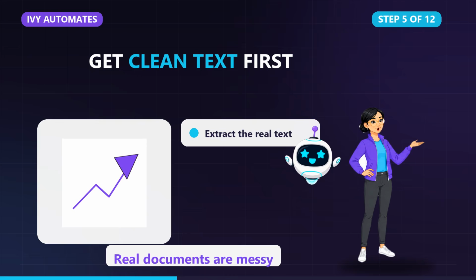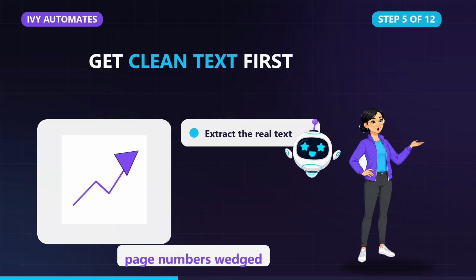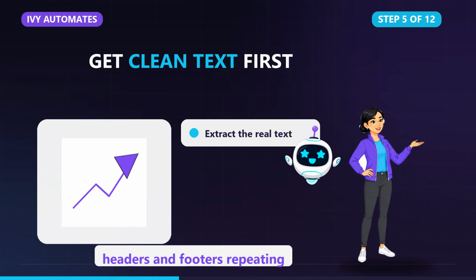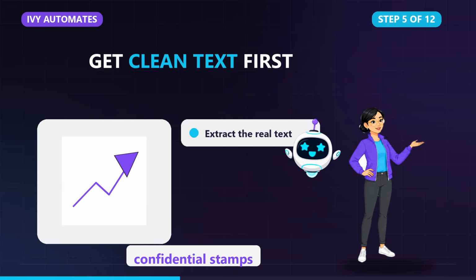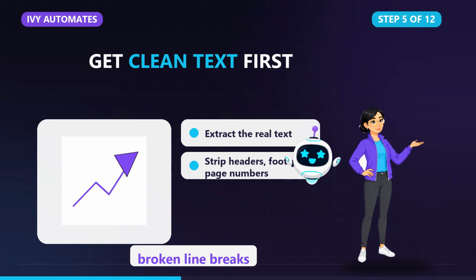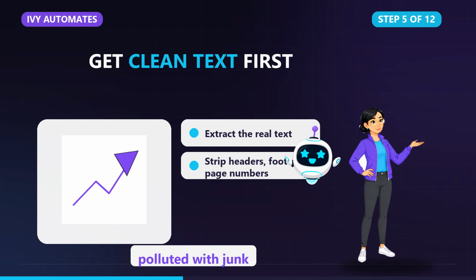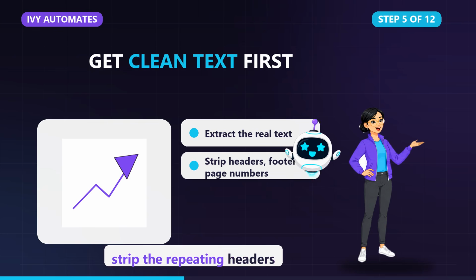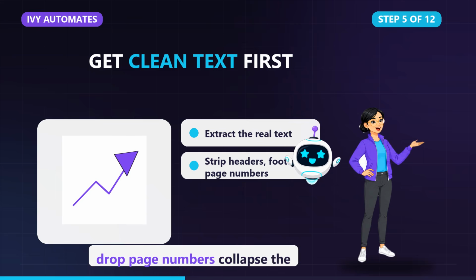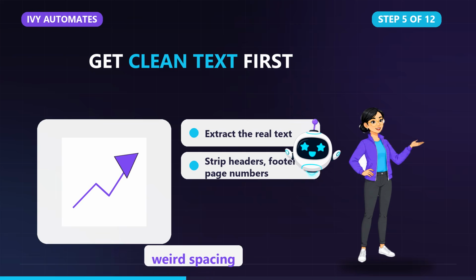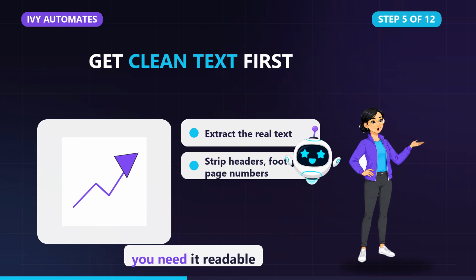Real documents are messy. Page numbers wedged mid-sentence, headers and footers repeating on every page, confidential stamps, broken line breaks. Feed that raw soup to the model, and your brief gets polluted with junk. So trim. Strip the repeating headers and footers, drop page numbers, collapse the weird spacing. You don't need it perfect. You need it readable.